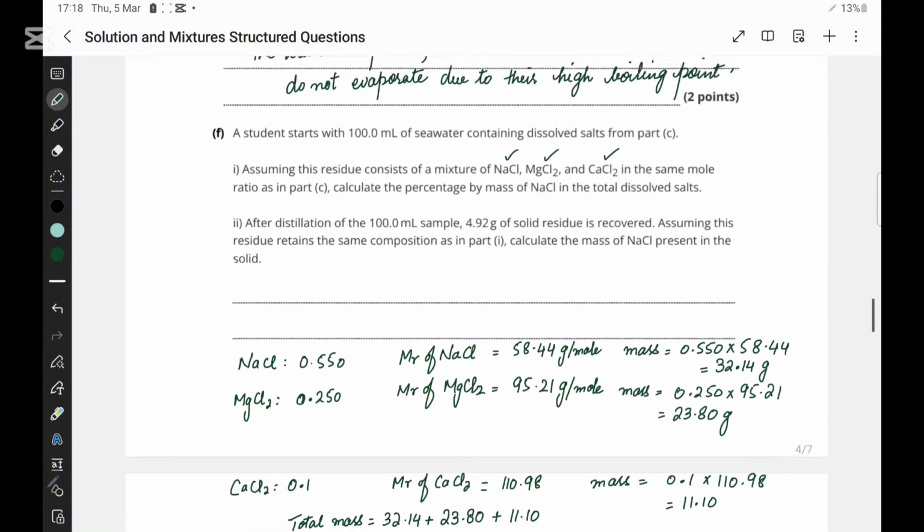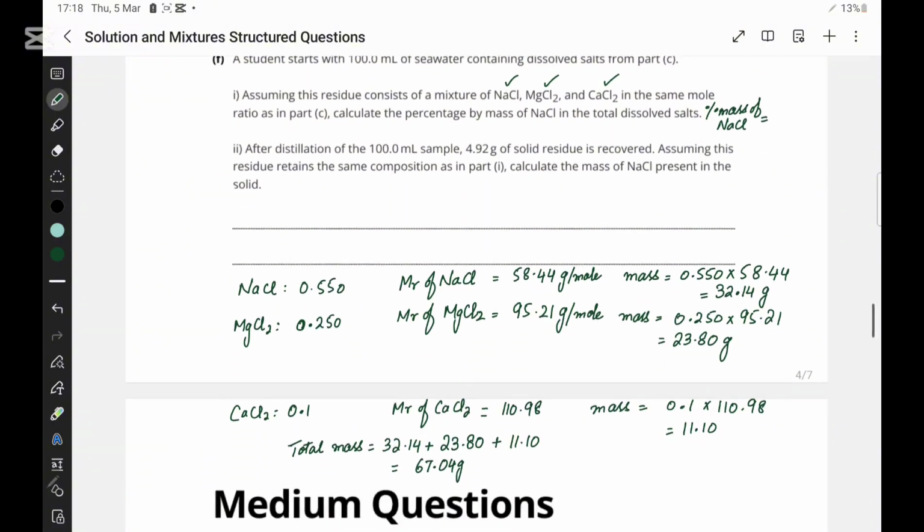To find out the percentage by mass of NaCl, we are going to put the mass of NaCl at top, 32.14, and at bottom the total mass, that is 67.04, times 100, and that comes out to be how much? Just let me calculate it, that comes out to be 47.9%.